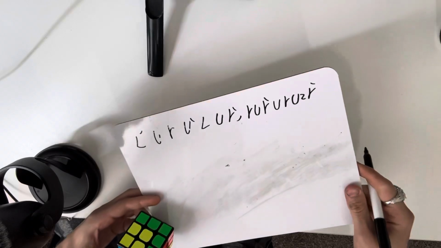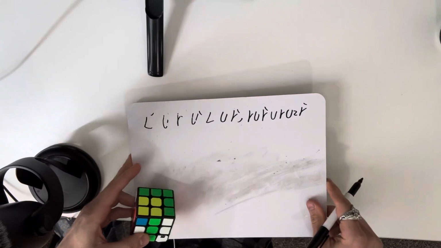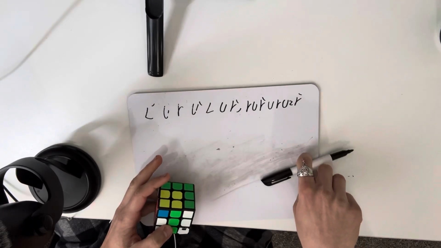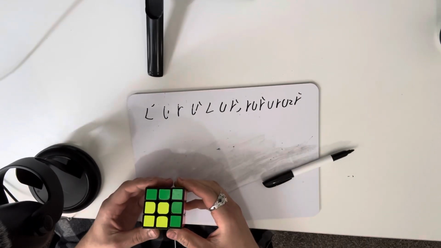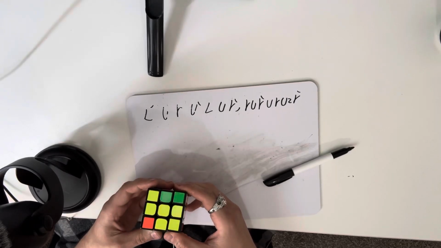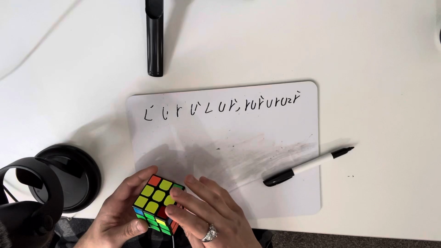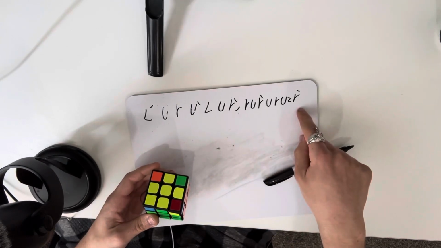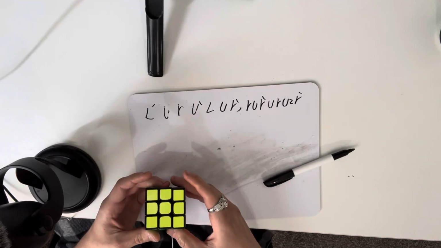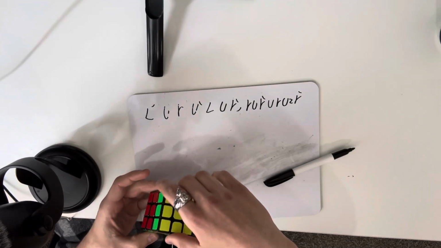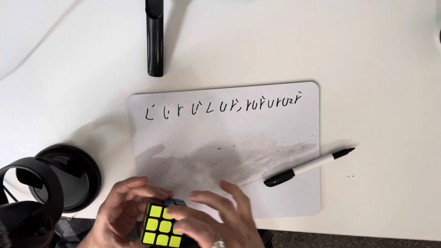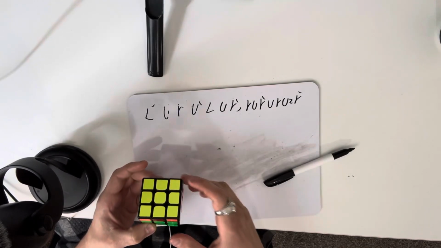I do have it written down. L, U, R. Then U prime, L prime, or L, U, R. And then you just do the same thing you did for the fish. And then that will start to move around these edge pieces without messing with your yellow face.